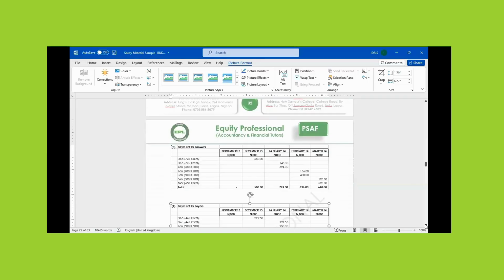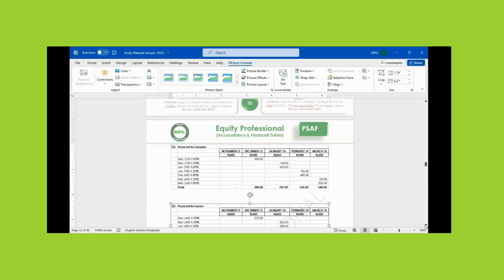Yes. 80% will be paid in December, that is 580. The balance of 20% paid in January is 145.